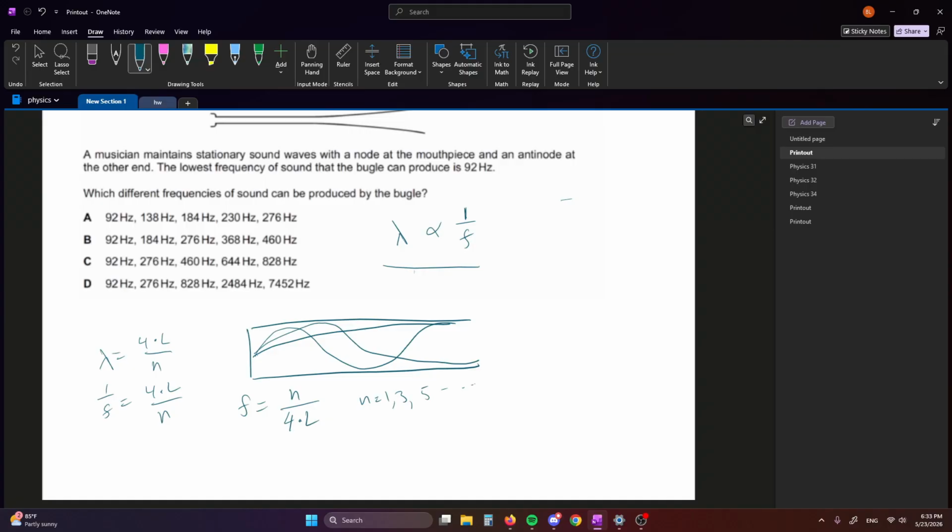So it's going to be 92 times 3, which is 276, 92 times 5, which is 460. And then we get that our answer is actually going to be C here. Hope that makes sense. And I believe that is the end of it.